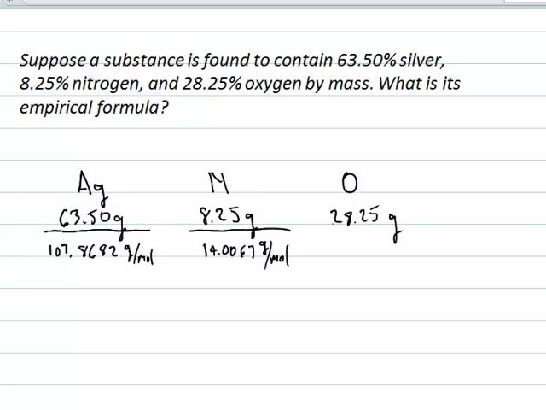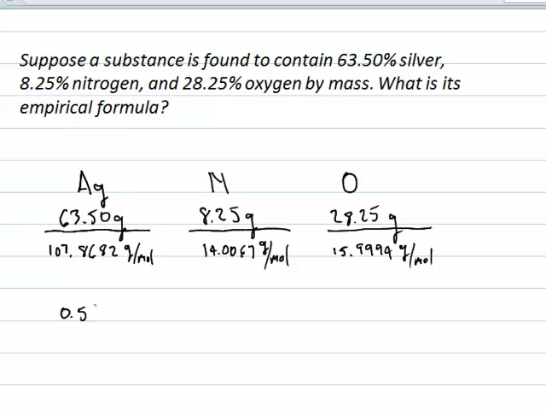And again, I'm getting these numbers from the periodic table. This is just the atomic mass, but it's expressed in grams per mole rather than atomic mass units. And of course, oxygen is 15.9994 grams per mole. So I divide each of those out, and I end up with the following numbers.